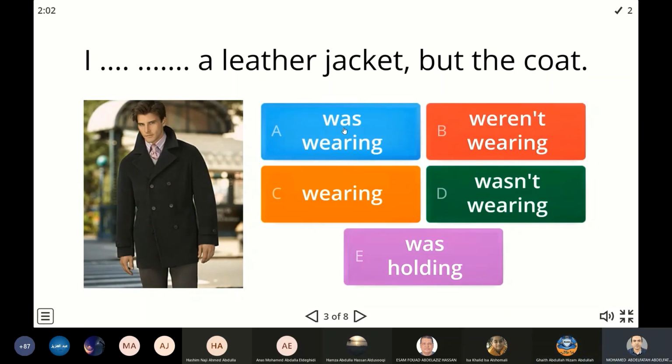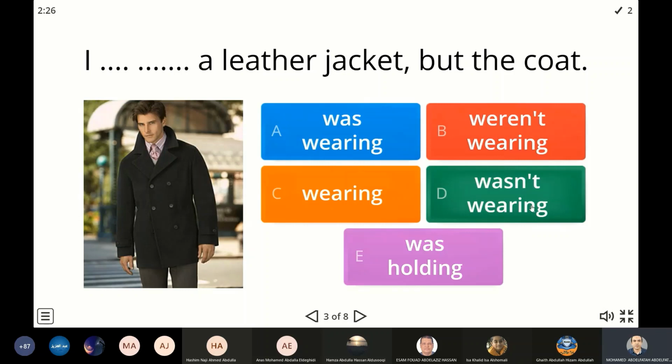Okay, look here, students, the next part, the second half of the sentence. I, a leather jacket, but the coat. This means the first sentence is in the negative. When you find but in the second part, that means the first part is negative. Was not wearing.